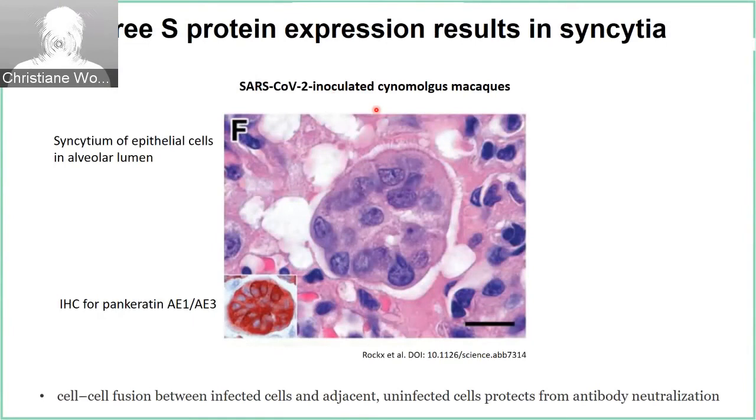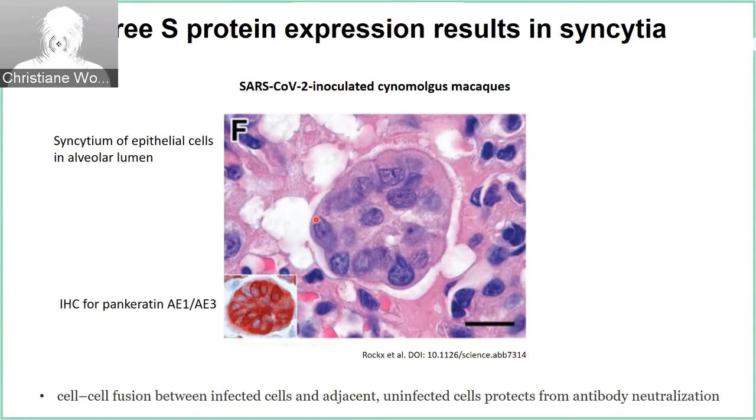And one aspect of this is that not all of the S protein is being recruited into these new virions. And so when free S protein reaches the cell surface, and it's cleaved by host proteases, it can mediate fusion. And so you can have what's called syncytia, and this is an image from a SARS-2 infected macaque.